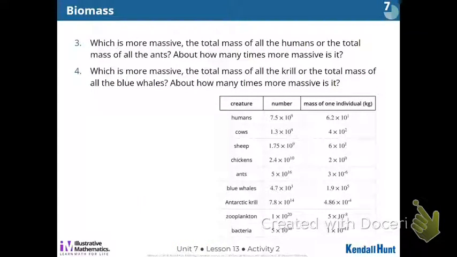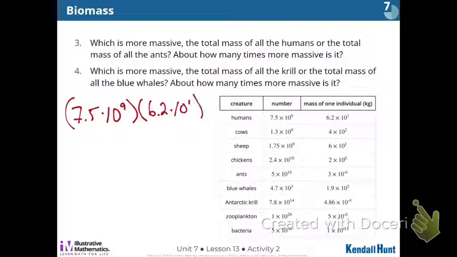All right, let's take a look at these relative masses. So what's more massive? Total humans or total ants? So how am I going to find total humans here? I know there's this many humans, and each human is that much, right? So watch this.